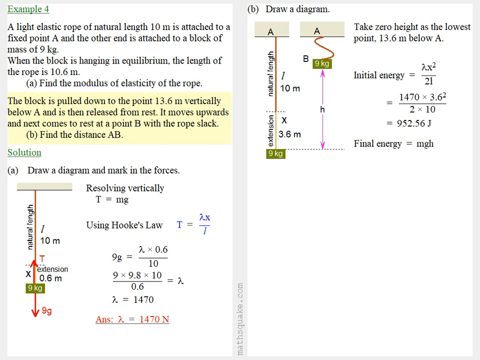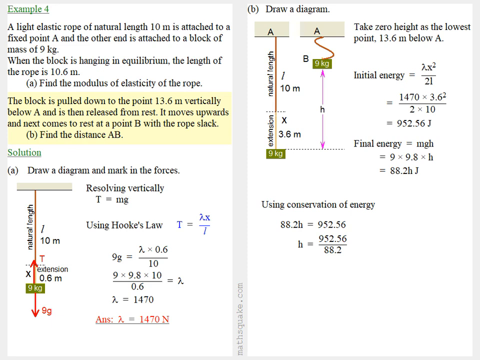Now, when the block comes to rest again, there's no kinetic energy, no elastic energy, and so the final energy is only gravitational potential energy, mgh. So that's 9 times 9.8 times h, which is 88.2h joules. But we know the energy has been conserved, so using conservation of energy, 88.2h is equal to 952.56.